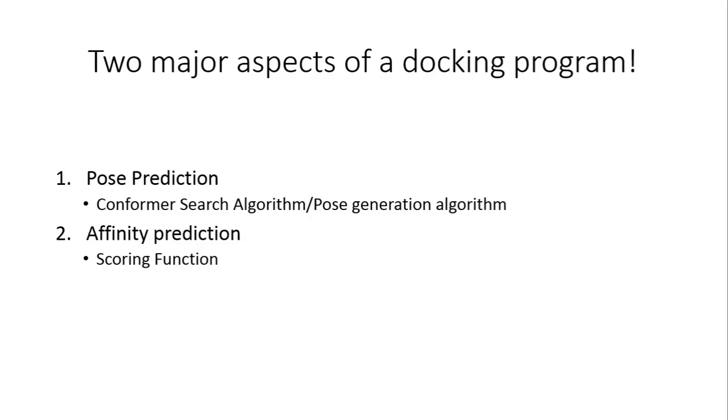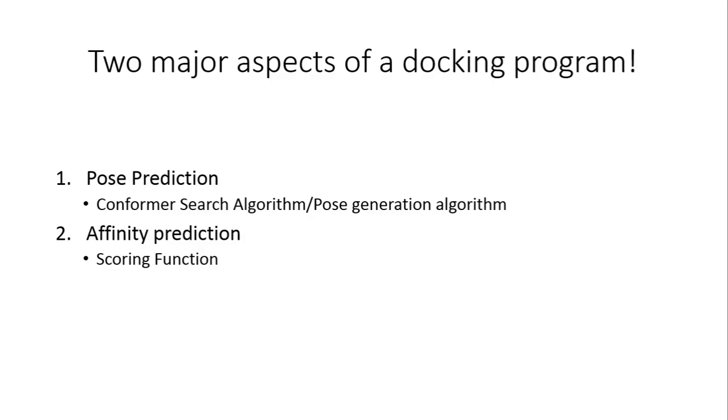Okay, so we are going to deal with the different conformer search algorithms or pose generation algorithms. I would go into details of what the different scoring functions are, what the criteria are based on which they calculate the affinity of your ligand towards that protein, what things are considered. We are going to study all these things in the coming few lectures.